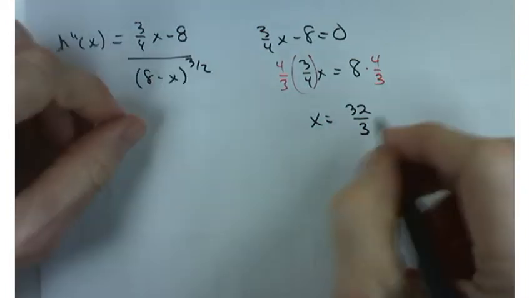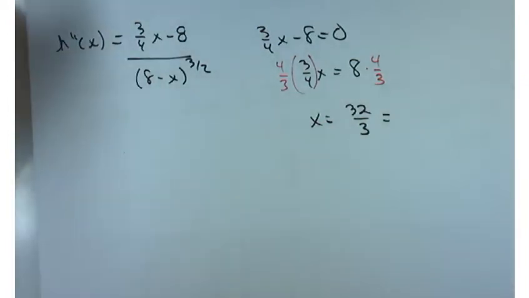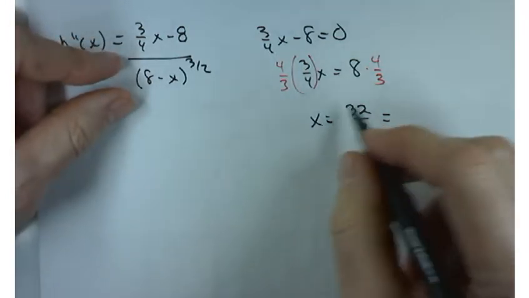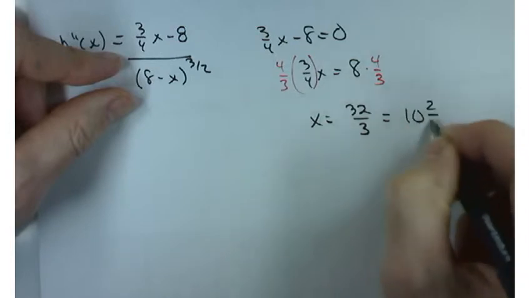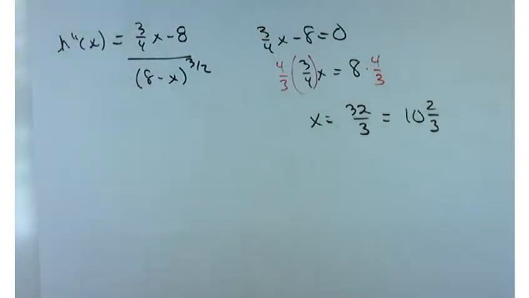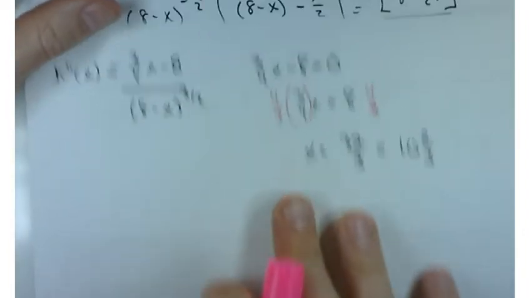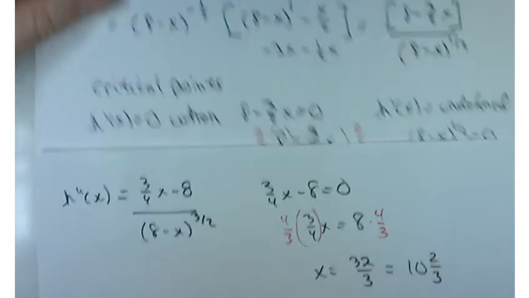If I wanted to write this as a mixed number, what would it be? Ten and 2/3. Can anyone see a problem with 10 and 2/3? Yeah, it's outside of our domain, right?